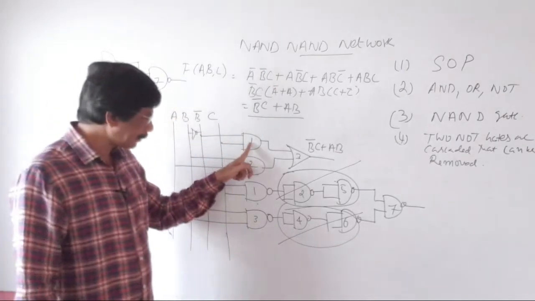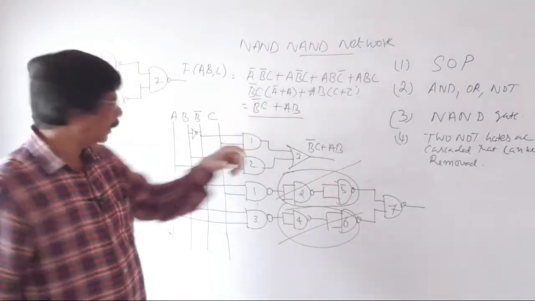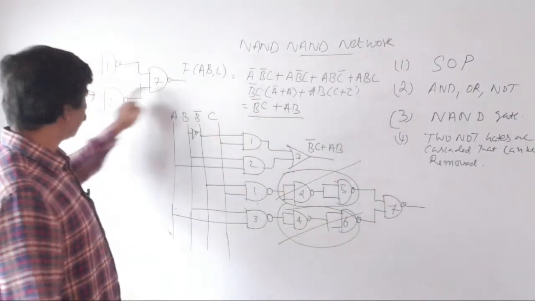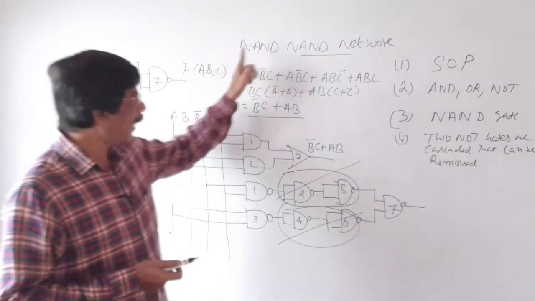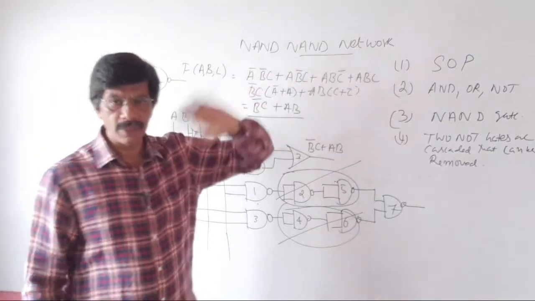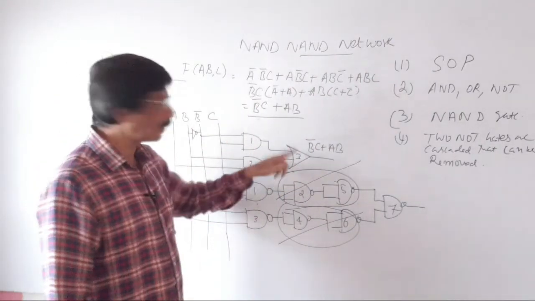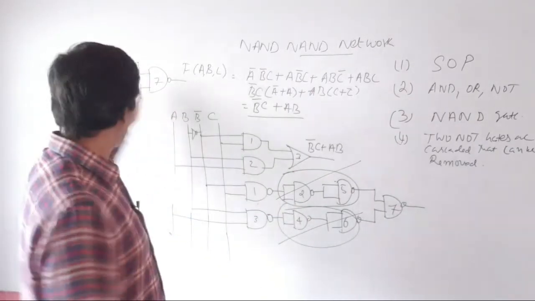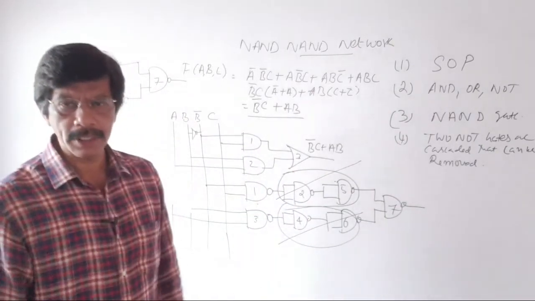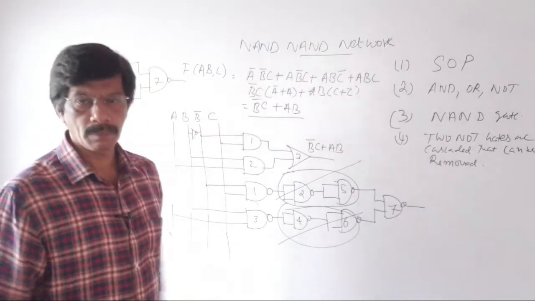The AND gate and OR gate are replaced by only NAND gates. Therefore, this is called a NAND network. If any circuit consists of an AND gate followed by the OR gate, you can replace that by NAND gates. This is the concept of NAND network.